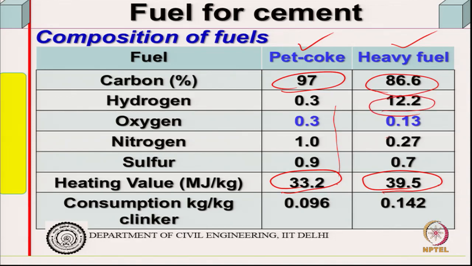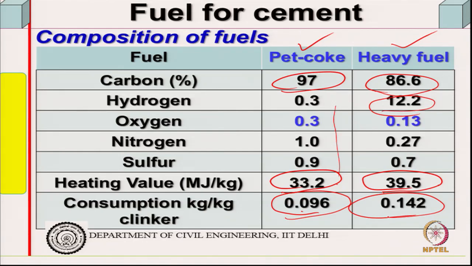must be contributing, okay, whatever it is. So, the consumption is 0.096 kg per kg of clinker and this is 0.142 kg per kg of clinker, right.